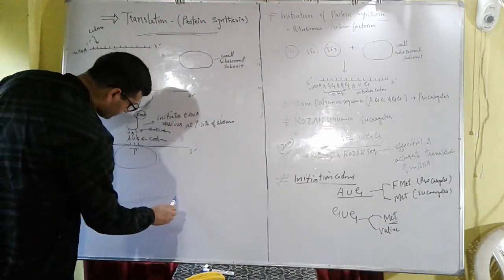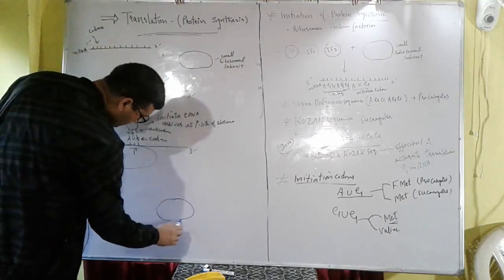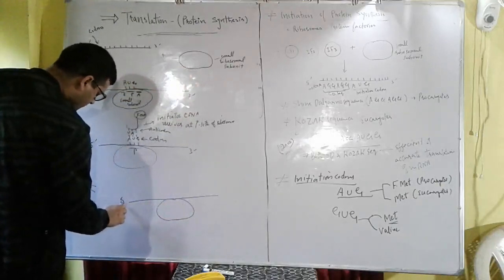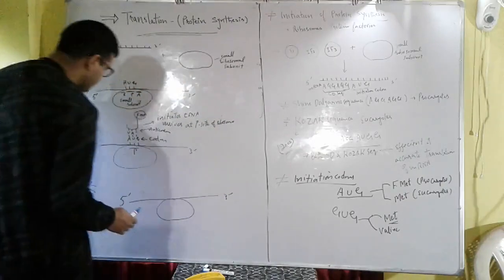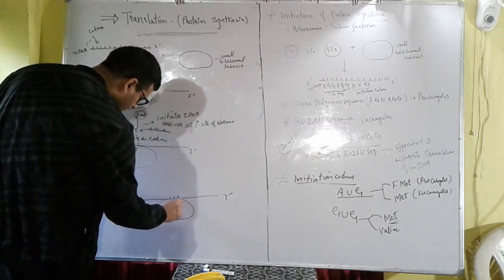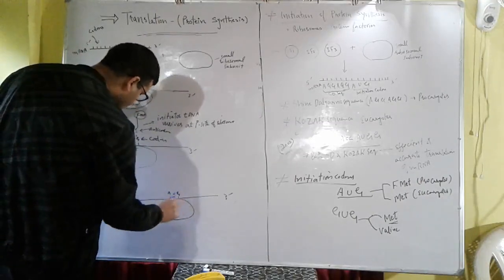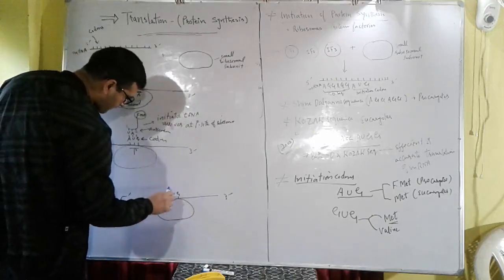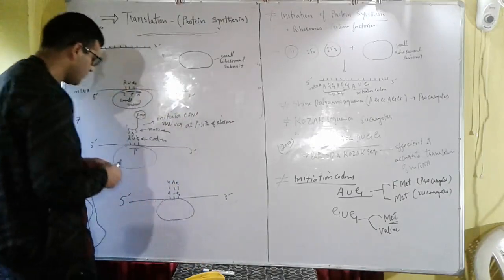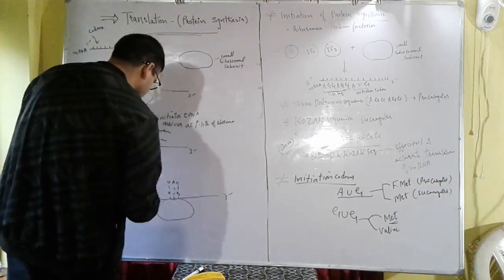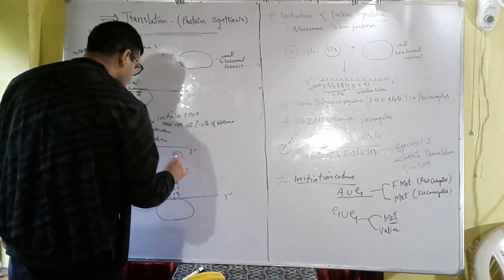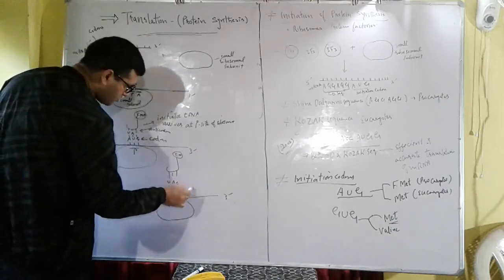So we have this: 5' 3', AUG, then UAC. This is tRNA, formyl methionine. Then the large subunit of ribosome binds to this complex.